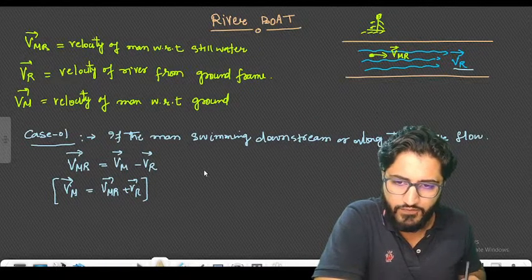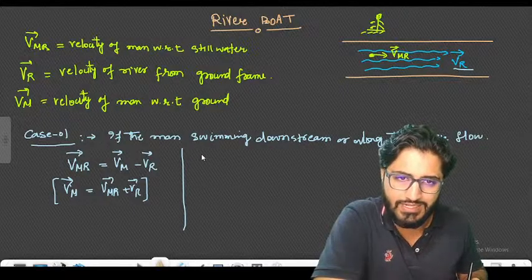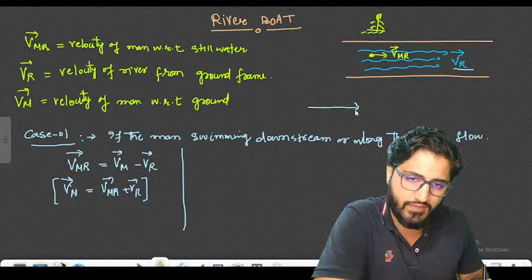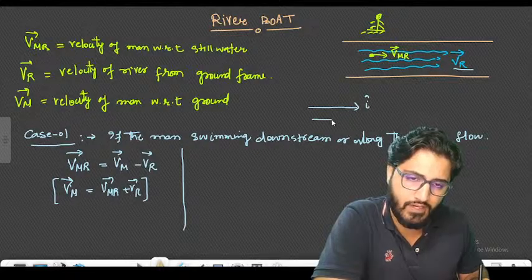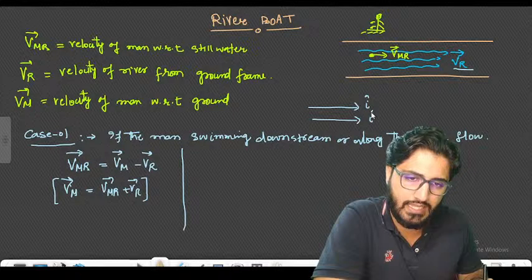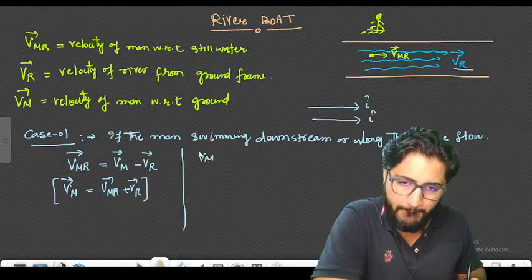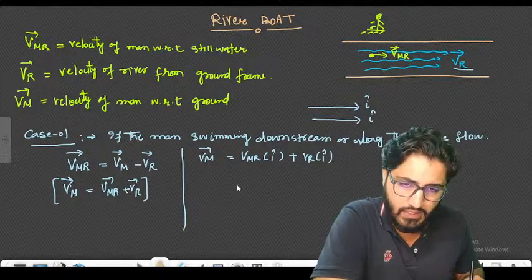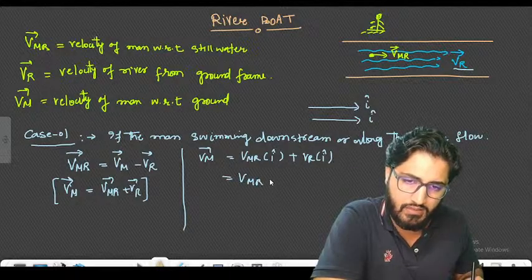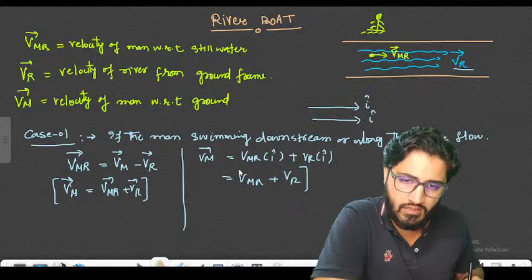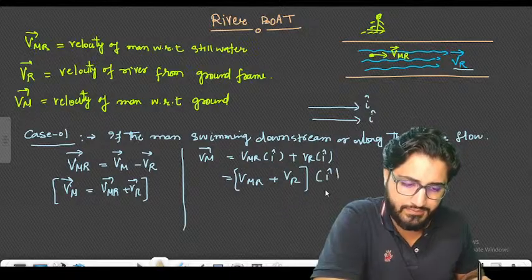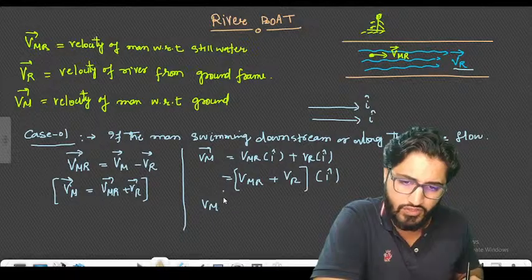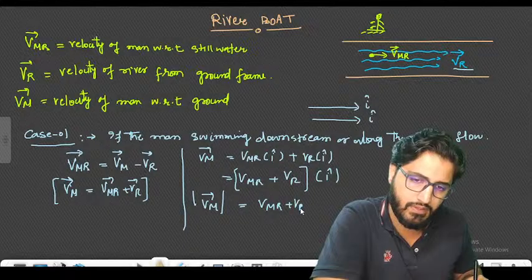If the person is going in the i cap direction and the river water is also going in the i cap direction, I can write VM equals VMR i cap plus VR i cap, or VMR plus VR, both in i cap. So the magnitude of velocity of man with respect to ground will be VMR plus VR.